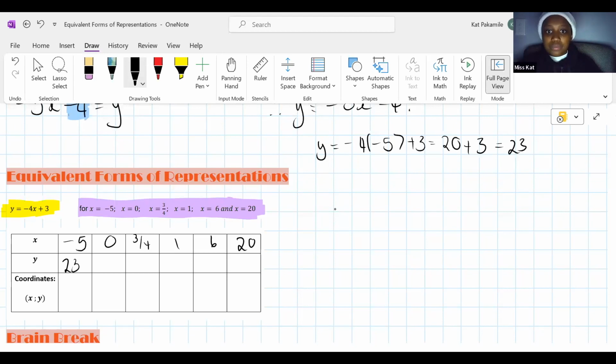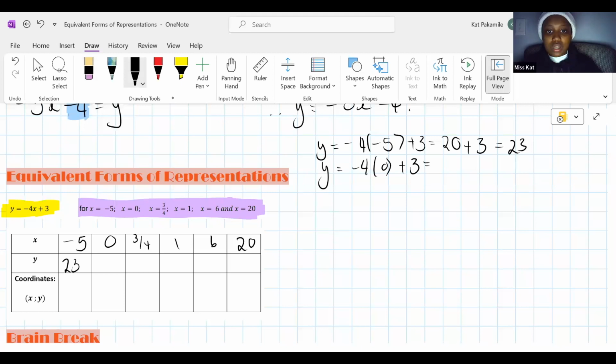Next input is 0. So we have y equals -4 times 0 plus 3, which is how much? 3. It's going to be 0 plus 3, which is 3. Beautiful.